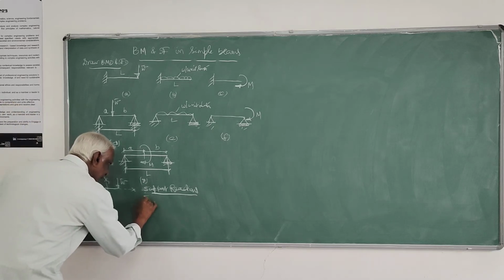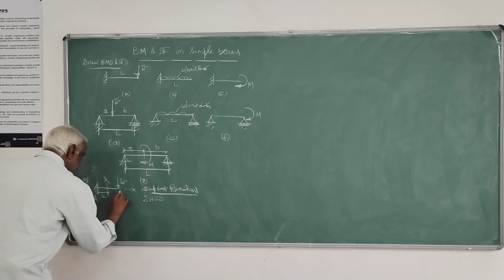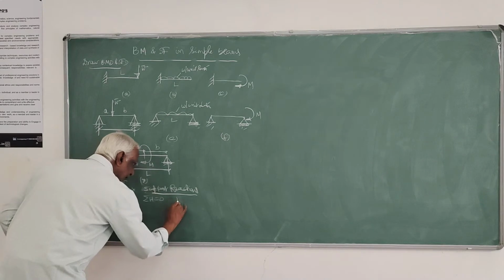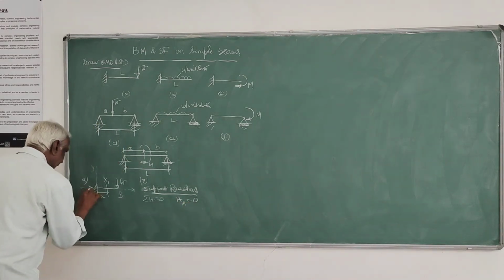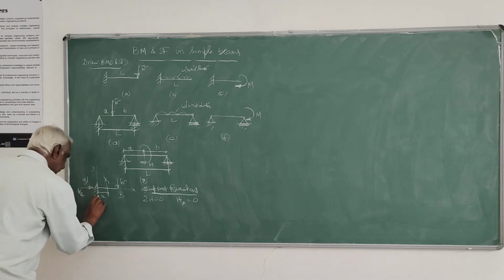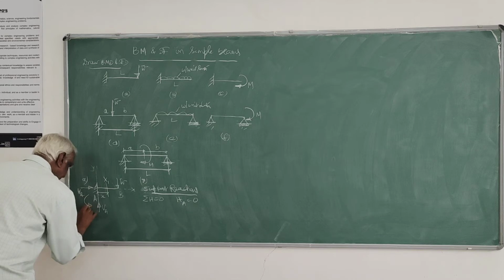If I apply sigma H equals 0, then HA will be 0. Here you get three reactions: HA, VA, and MA.